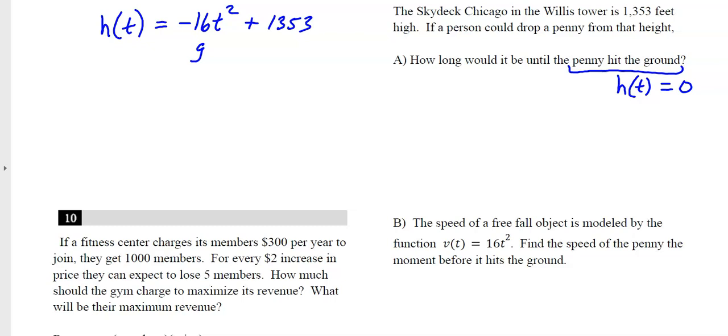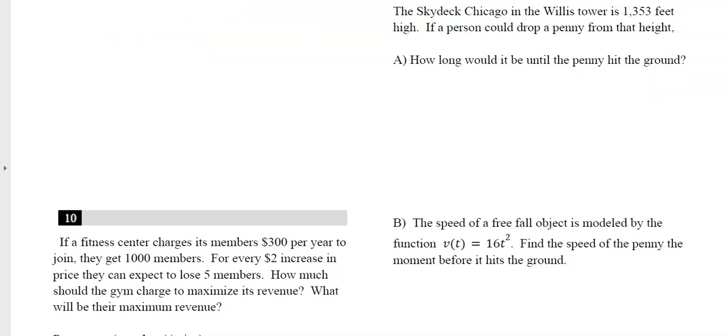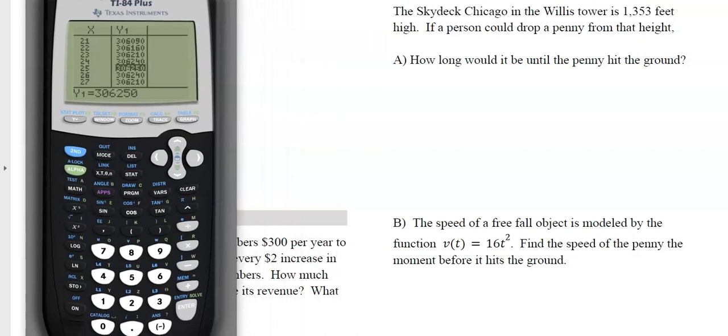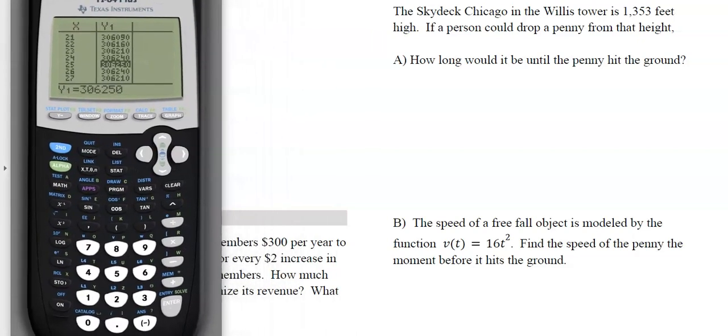So I'm going to put this into the graphing calculator. Let's graph it. So that's 1,353. Y equals, clear this out, negative 16x squared plus 1,353.